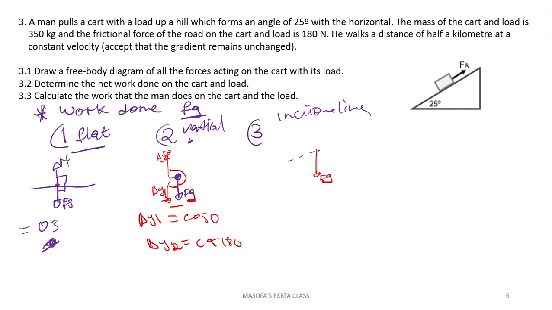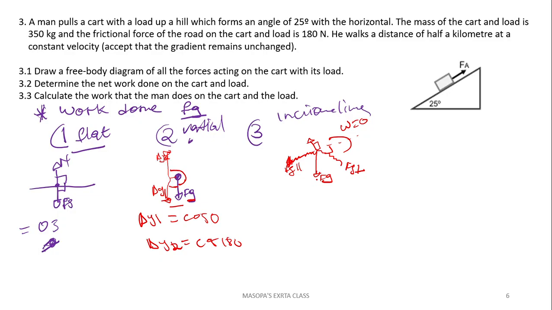Now if we resolve it into components, you're going to have Fg parallel and also Fg perpendicular. But Fg perpendicular as well as the normal force act at 90 degrees to the motion, meaning that the work done by the normal force and the Fg perpendicular will be 0.